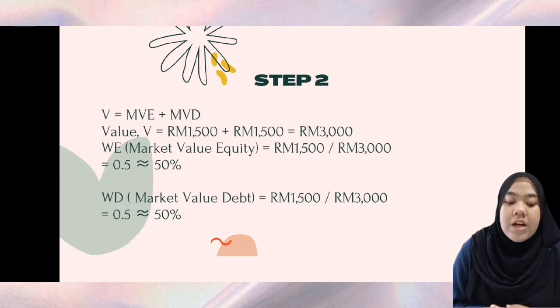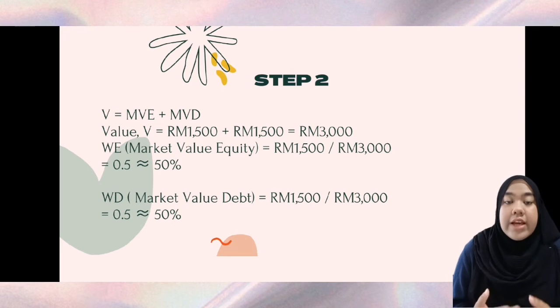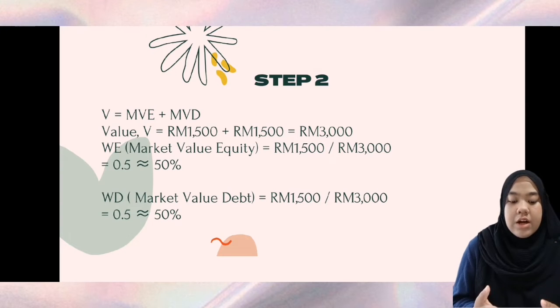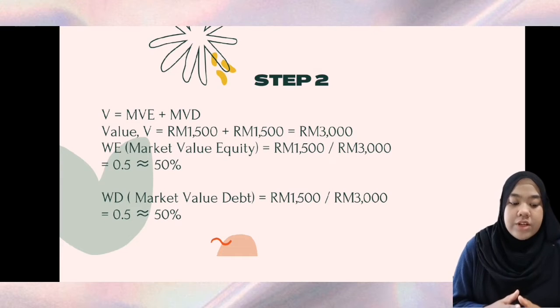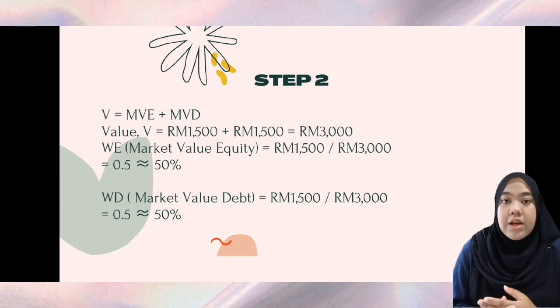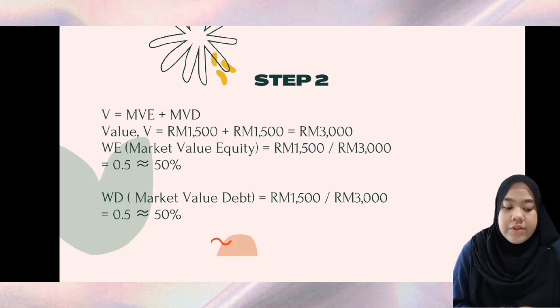For the first step, we use the formula V equal to MVE plus MVD. MVE is market value equity and MVD is market value debt. For the market value equity, WE equals 1,500 divided by V, which is 3,000. V we got from equity plus debt, which is 1,500 plus 1,500.